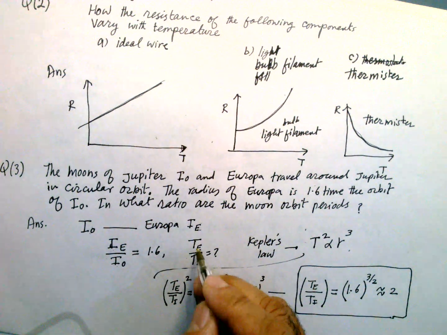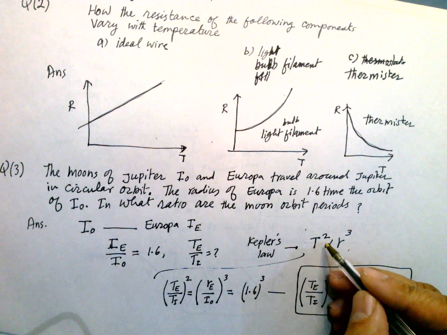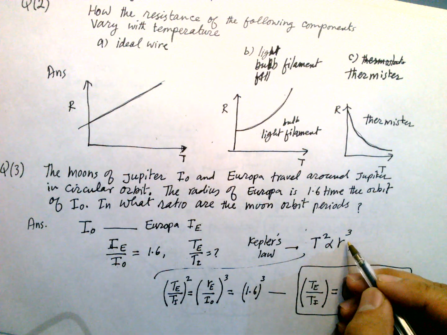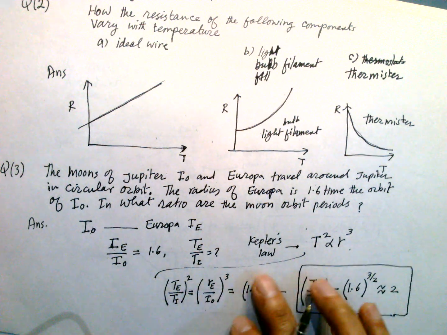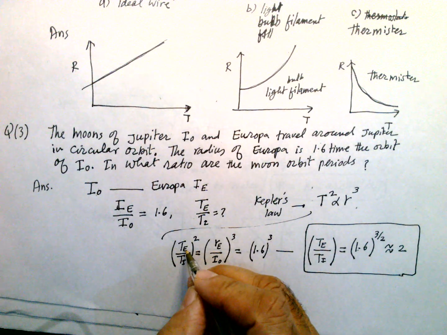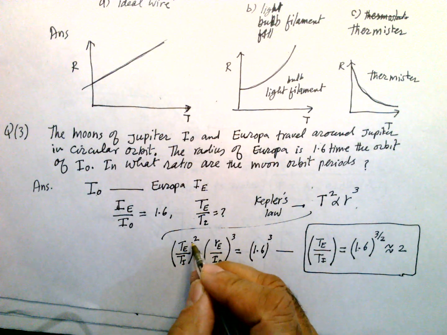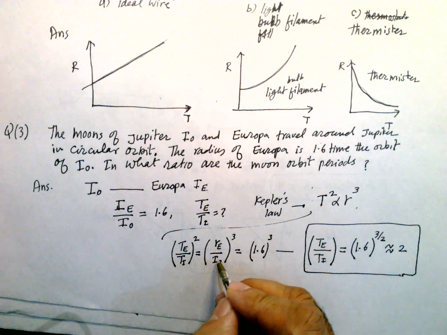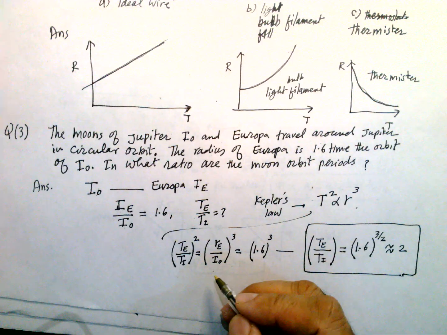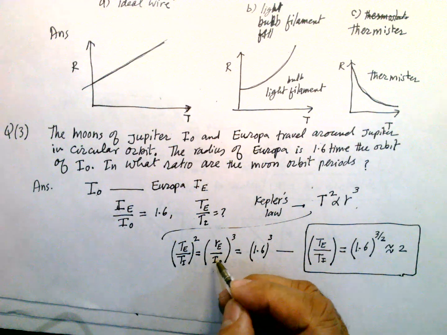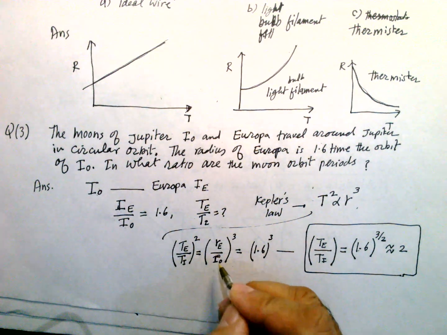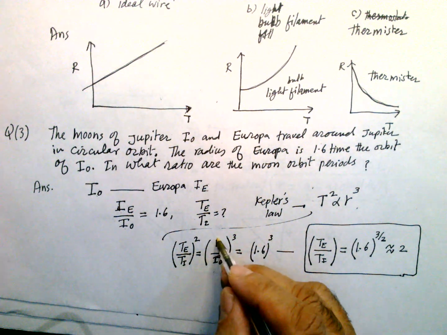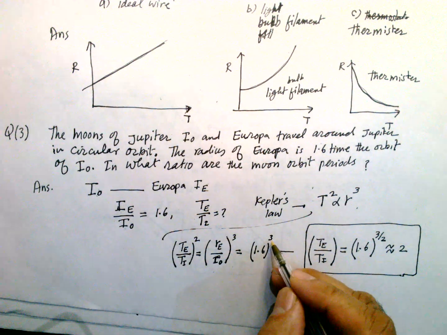Then we have to find the ratio of the time periods. Kepler's law: time period squared is proportional to the radius cubed. So TE, Europa, over TIO whole squared is proportional to the radius of E over the radius of IO whole cubed, which is 1.6 raised to power 3.